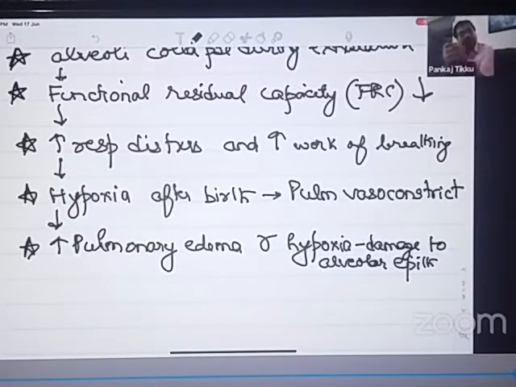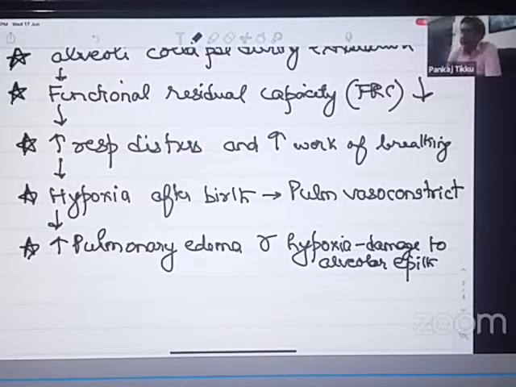The alveoli are already in a collapsed state, so the alveolar epithelium will be damaged, and there will be an increased amount of pulmonary edema, because the fluid inside the pulmonary vessels leaks out into the lung interstitium. Because the pulmonary pressures are very high, the fluid will leak into the interstitium.